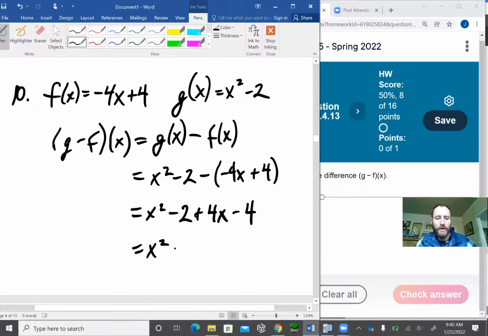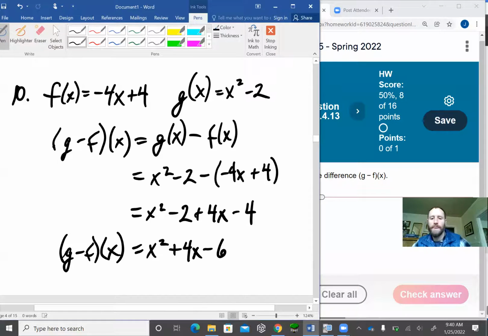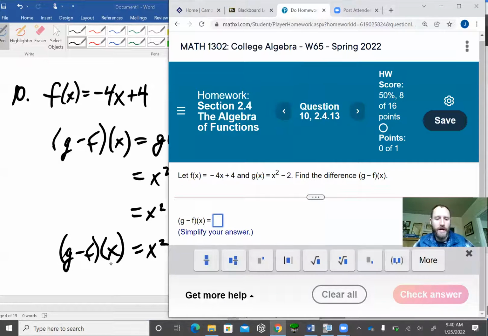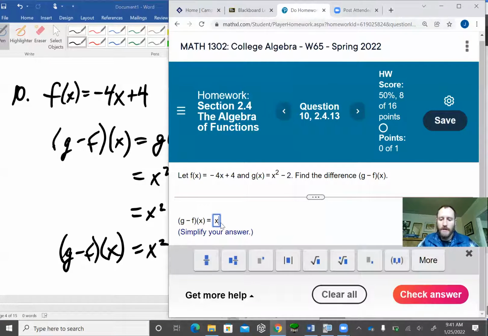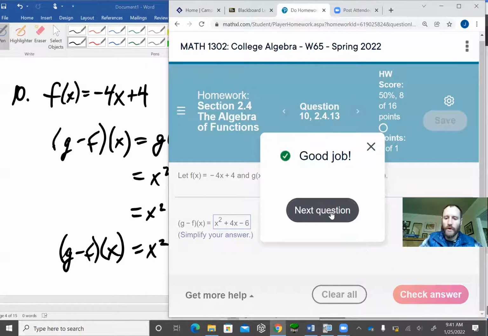We get x squared plus 4x, and minus 2 minus 4 is minus 6. That will be the new formula, g minus f of x. Here that's not multiple choice, so x squared plus 4x minus 6.